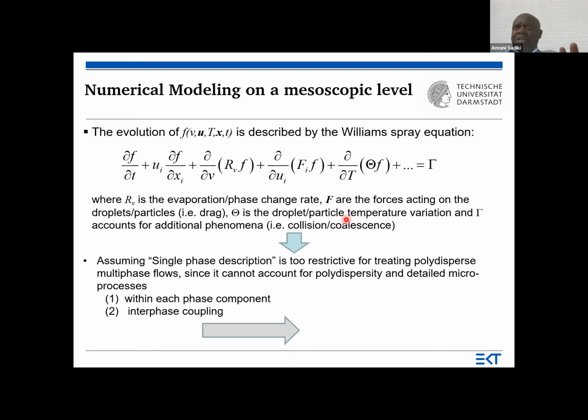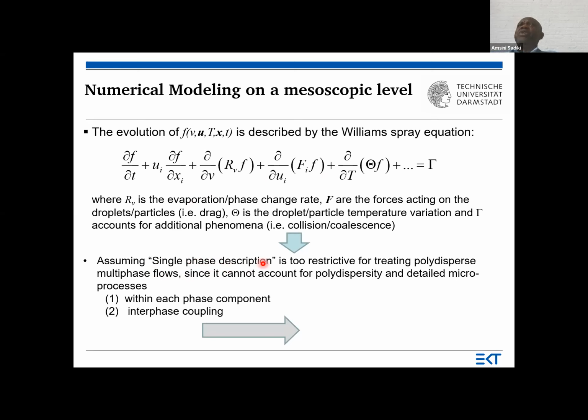This means that solving this transport equation is very time consuming, and there are ideas in the literature to reduce this complexity by assuming a single phase description.